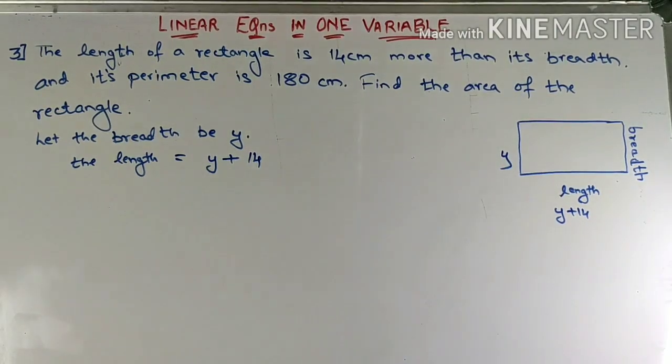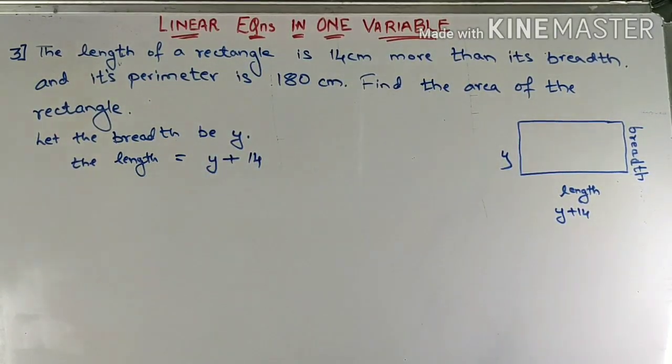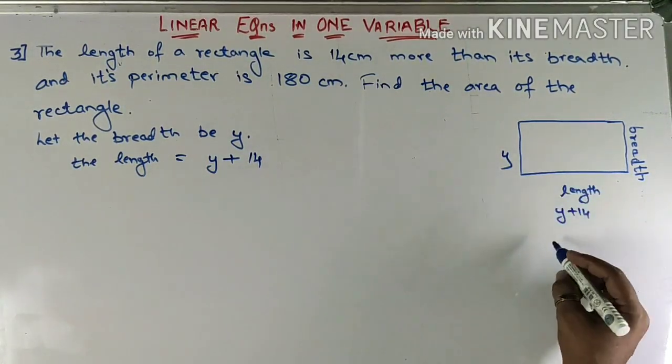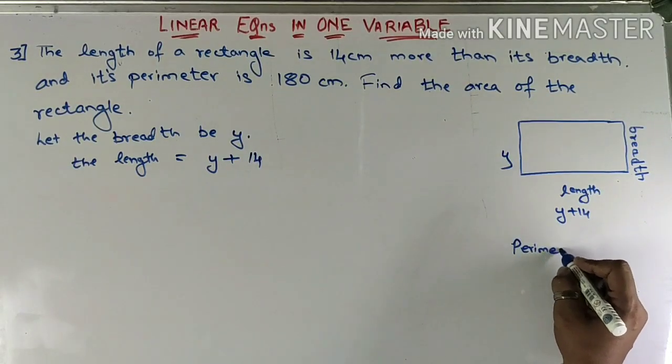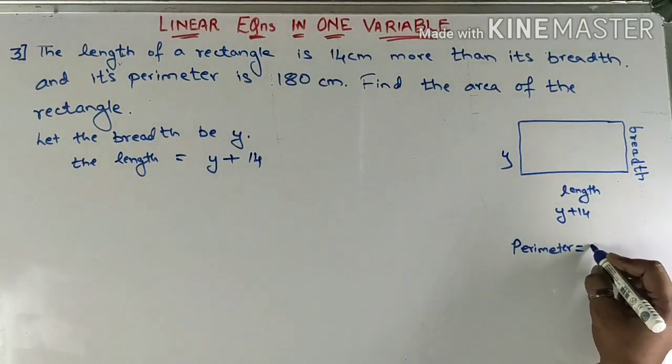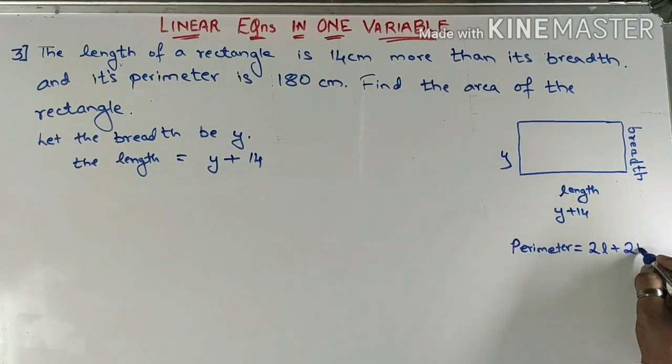Now we know what is my breadth, what is my length, with an unknown variable. What is the next case given? The perimeter is 180 centimeter. Yes. So there we know the relation between perimeter, length and breadth. So how they are related? Perimeter of a rectangle is equal to twice length plus twice breadth.